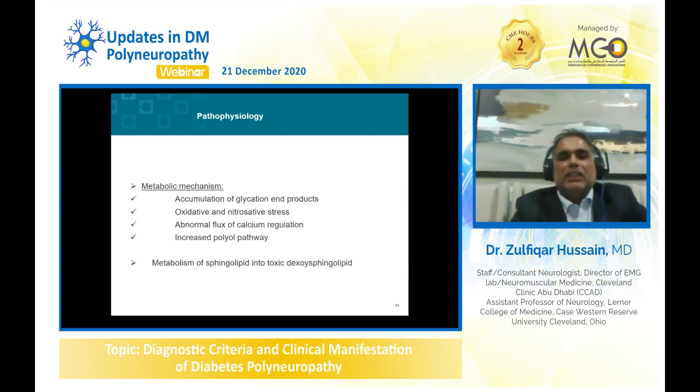It can involve different metabolic mechanisms, including accumulation of glycation end products, oxidative and nitrosative stress, abnormal flux of calcium regulation, and increased polyol pathway. Metabolism of sphingolipids into toxic deoxysphingolipids also plays a role.